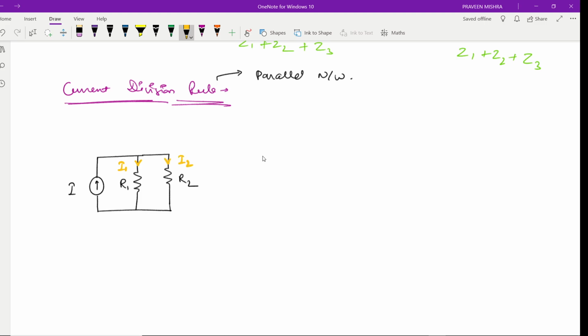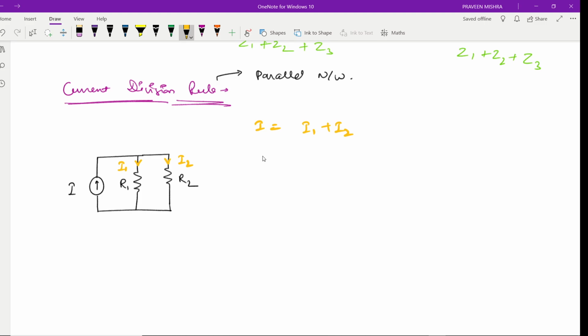In that case, you have to apply the same KVL, or simply I is what? I1 plus I2. And the voltage across these two elements will be same.